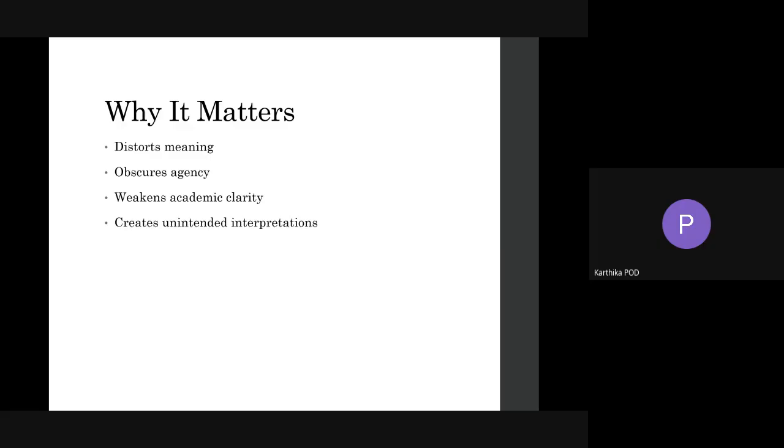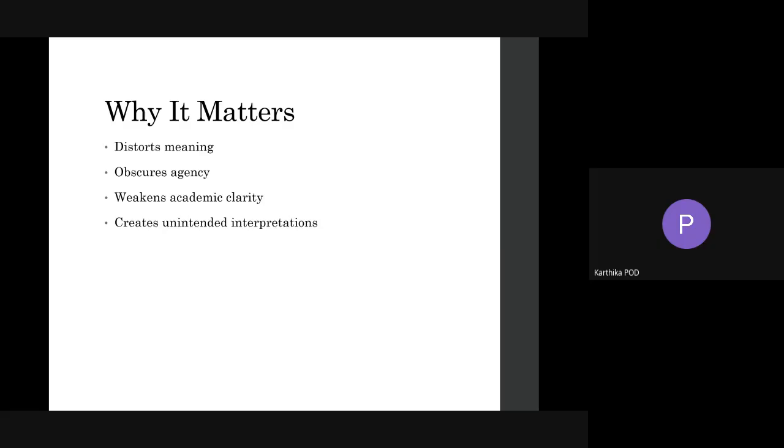Okay, so this specifically happens when it comes to writing, and this kind of writing generally happens where complex sentences are put together, or there are compound complex sentences, right? When trying to put sentences together in order to minimize the number of words, we tend to use modifiers, right?